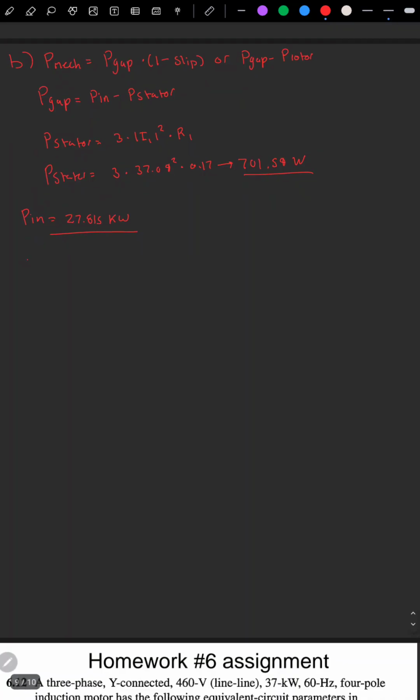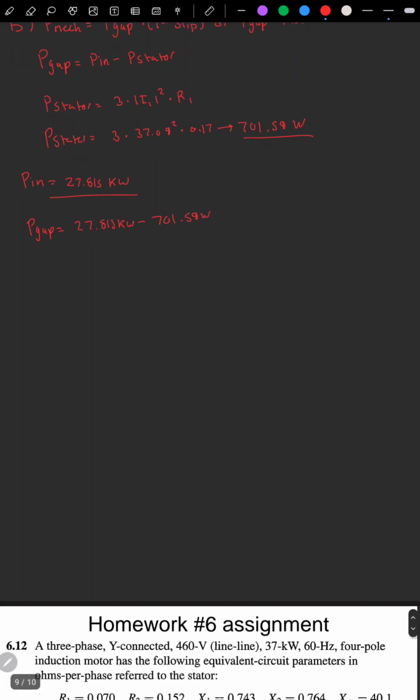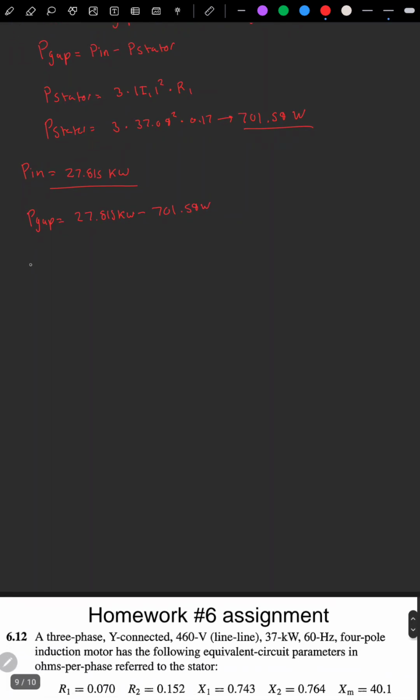Now, P gap is going to equal the P in minus that P stator.